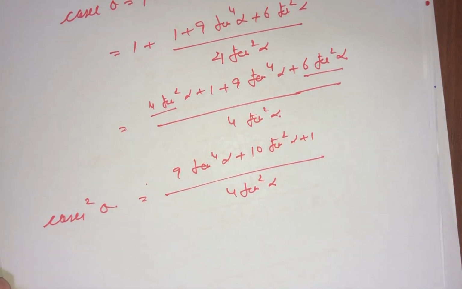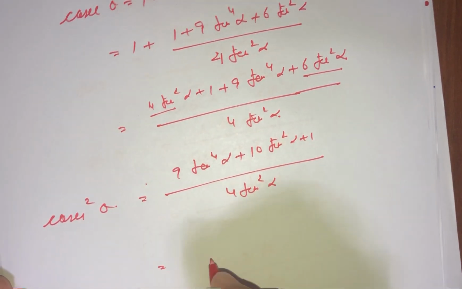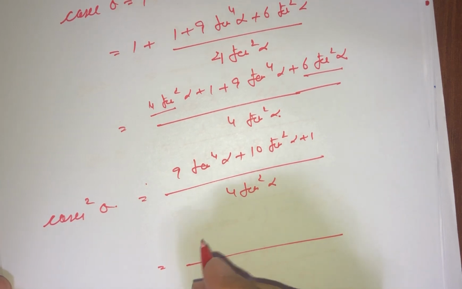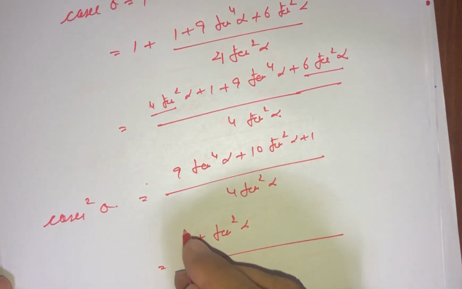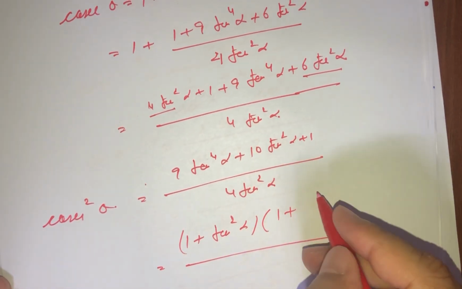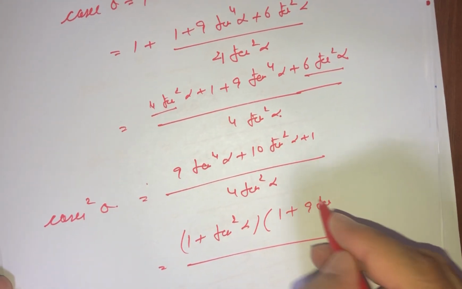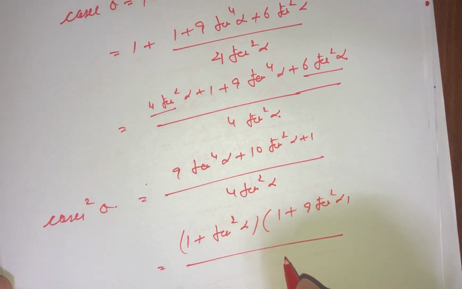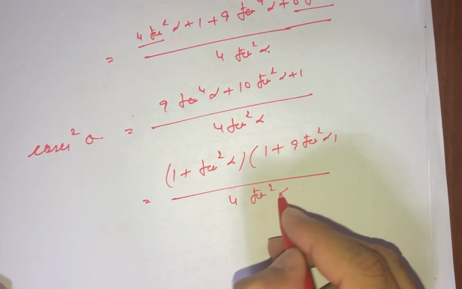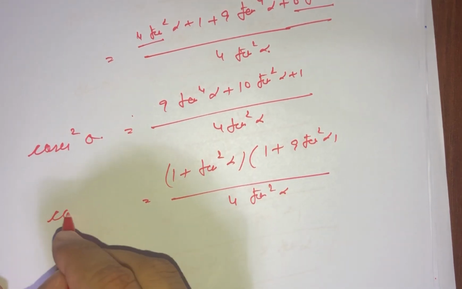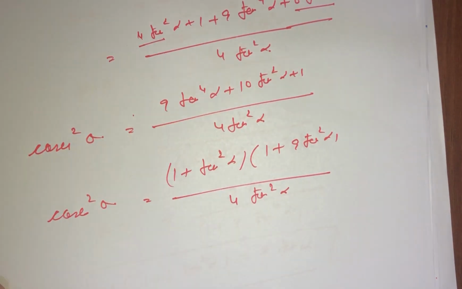This is a quadratic in tangent square, so we can solve this as a quadratic function. We get this as (1 plus tangent square alpha) and (1 plus 9 tangent square alpha) divided by 4 tangent square alpha, and this is equal to cosecant square theta.